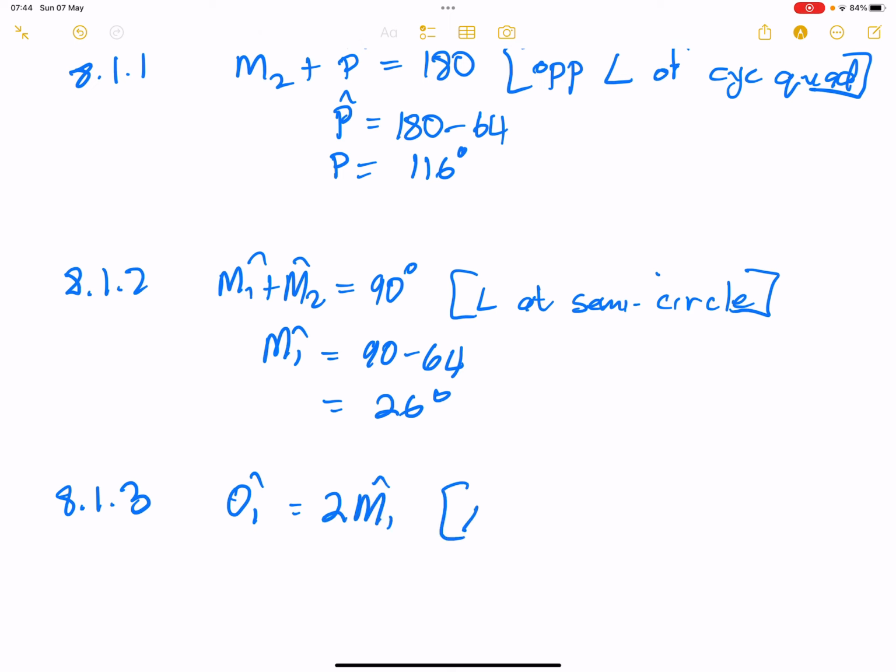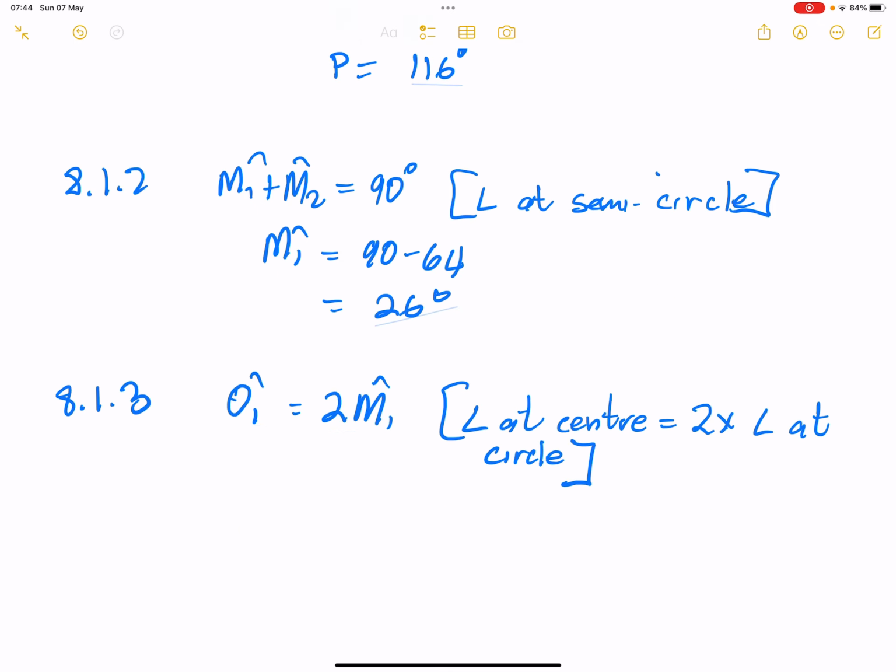And why is that? Angle at center equals 2 times angle at circumference. I'll just say angle at circle. So O1 would therefore be 2 times 26, and that would give us 52 degrees.